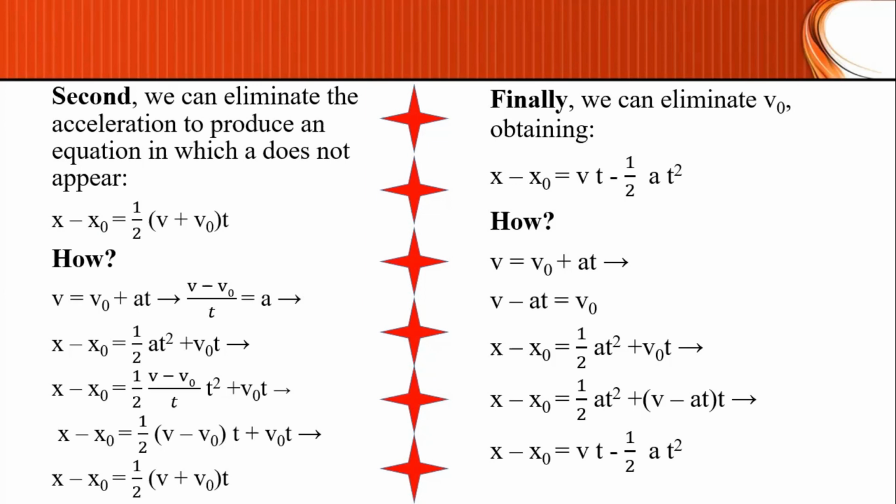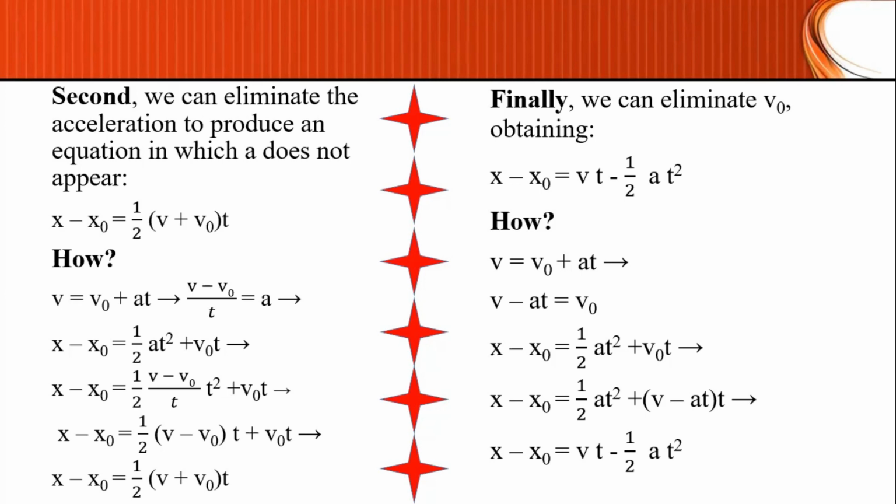We start from v equals v0 plus at. a equals (v minus v0) over t, and then we put a in the equation x minus x0 equals 1/2 at squared plus v0t, and we have x minus x0 equals 1/2 times (v minus v0) over t instead of a, times t squared, plus v0t.